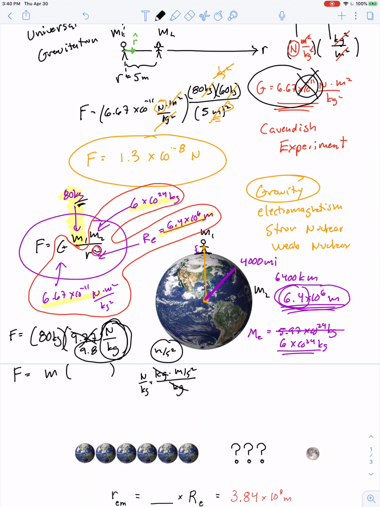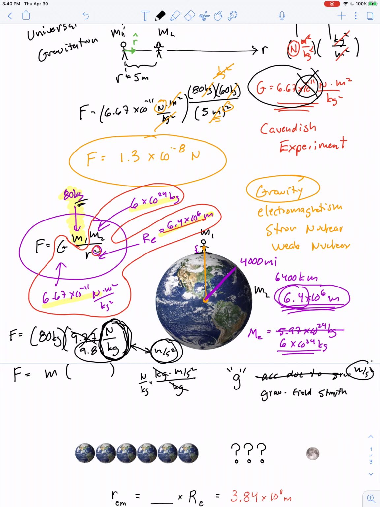The point being, there's no distinction between units of newtons per kilogram and meters per second squared. They're identical. And so instead of thinking of g as acceleration due to gravity, let's change the language here and think of it as the Earth's gravitational field strength.